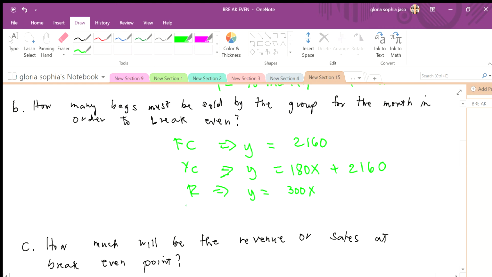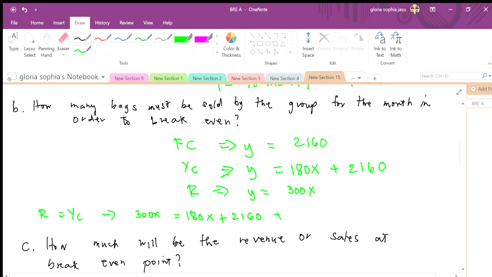So we have R equals Y sub C. Therefore, substituting, R is 300x equals Y sub C, which is 180x plus 2,160.